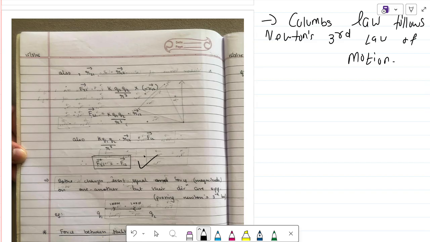Here is the proof, but we don't have to remember the proof. It is of no use in competitive exams, and no sums use it either. We only have to remember that Coulomb's law follows Newton's third law of motion. Newton's third law of motion is simply that force on 1 by 2 is equal in magnitude to force on 2 by 1, and the direction will be opposite.